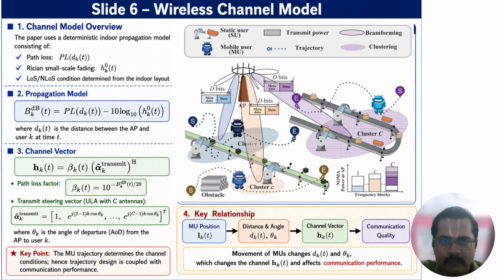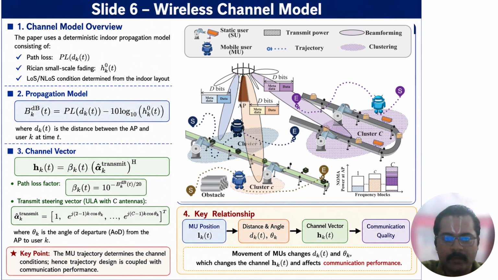You can see the beam forming. This beam is pointed towards a particular user to increase the signal strength. The audience are required to refresh their basics related to antenna. So you can see here static user, mobile user, trajectory, transmit power, beam forming, clustering, all are mentioned.